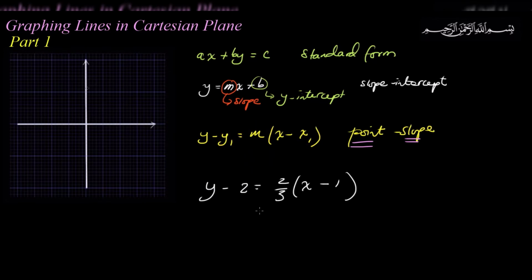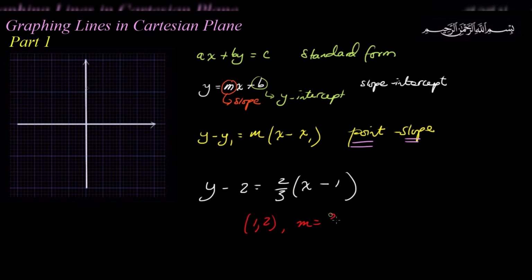For example, in this case, the point that's given here is, again, 1 and 2, not -1, -2, because there's a negative sign over here. It's y minus y1 equals slope times x minus x1. So the point that's given here is 1 and 2, and the slope here is, of course, 2/3.